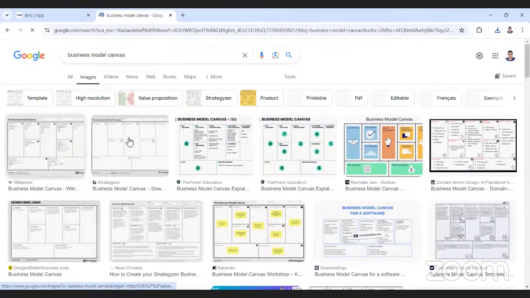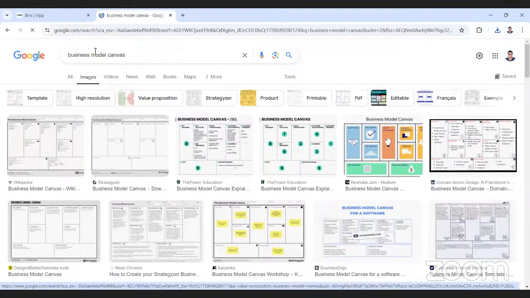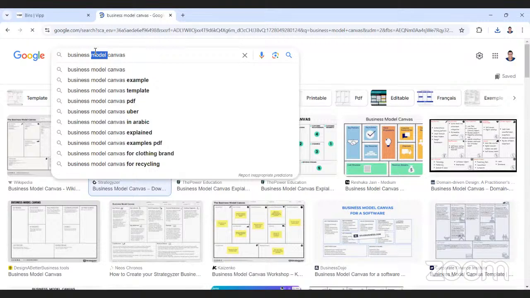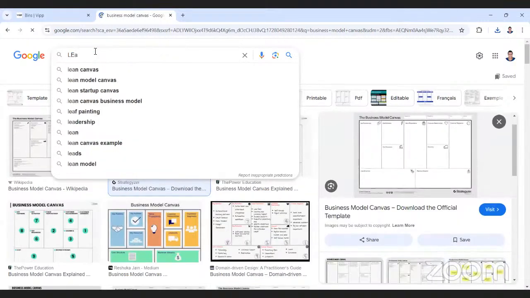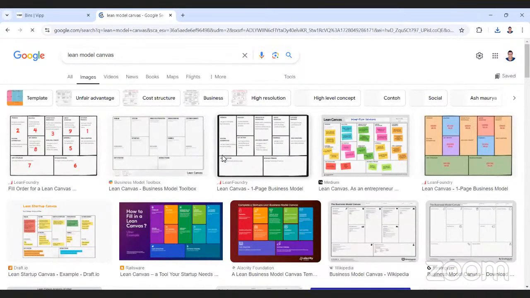Even it's on Wikipedia. This is the main template from Strategyzer. And what I was sharing was the lean model canvas. You can find it here. Okay, for the business plan, I don't know if it's downloaded or not yet. Yes, okay.